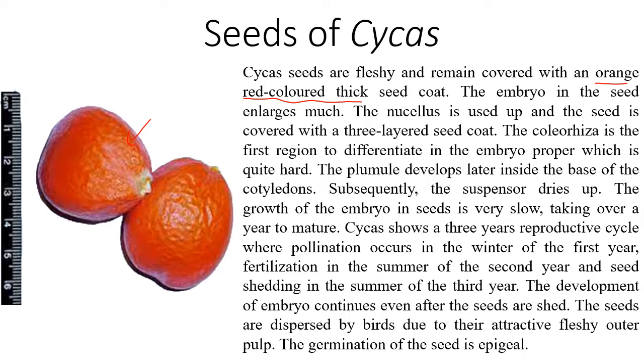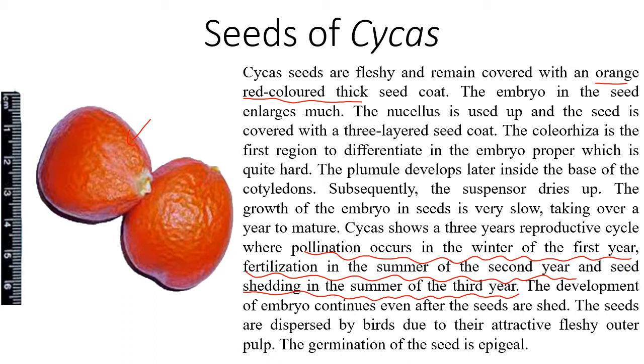Cycas shows a 3 year reproductive cycle where pollination occurs in the winter of the first year. Then fertilization takes place in the summer of the second year, and seed shedding takes place in the summer of the third year.